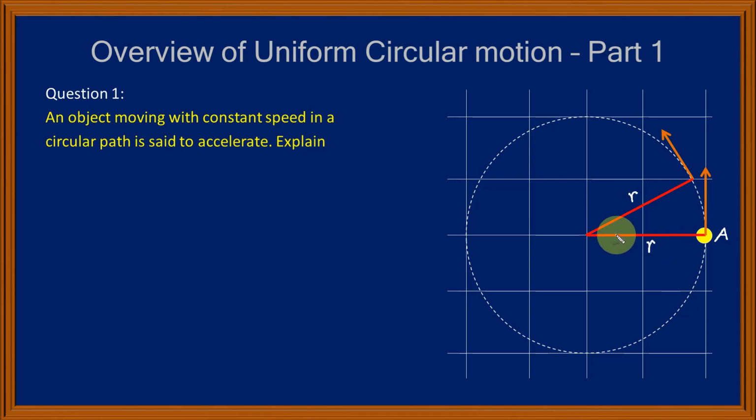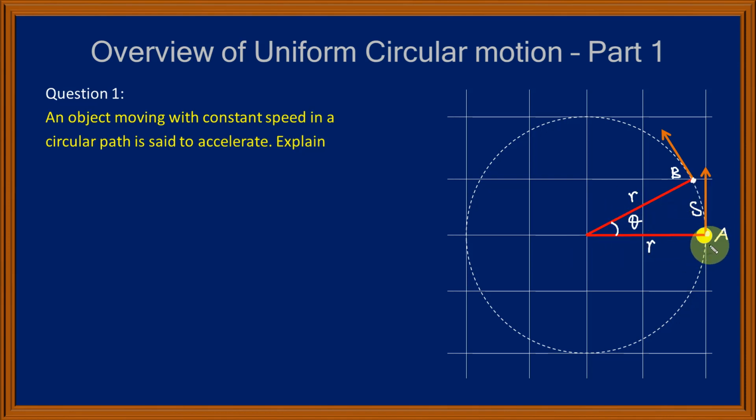So this radius is going to sweep a certain angle at the center, which we are going to call theta. And then the path followed, or the distance covered by this particle in moving from point A to point B, this length of the arc from this point all the way to this point, we are going to give it the symbol S. The arc length is S, while this is the radius. I'll come to this point later on.